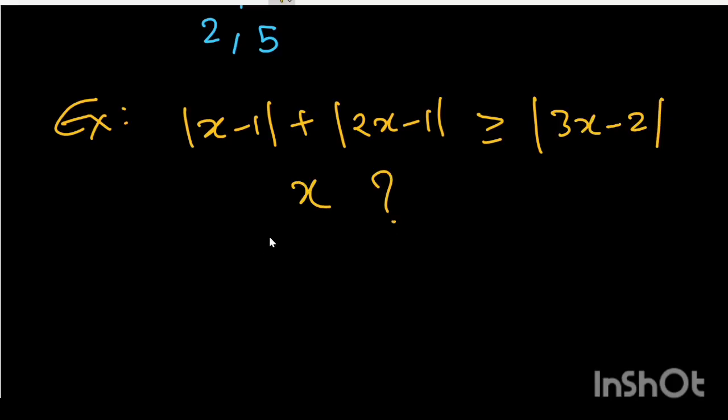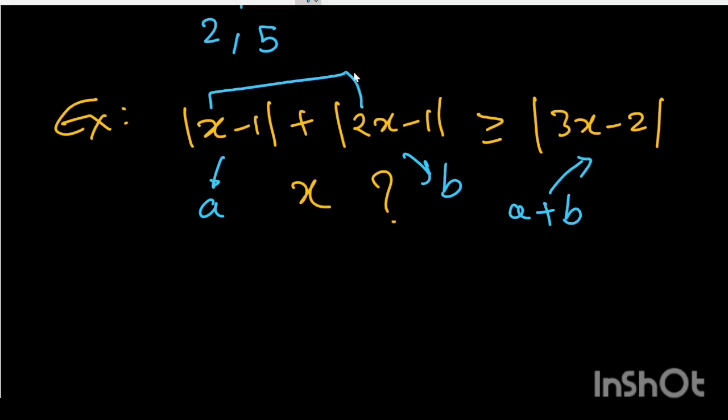So the thing is, guys, if you compare this with the result, if this is a and this is b, as you can see, if you add a plus b, 2x and x get added and give 3x, and −1 and −1 get added and give −2.